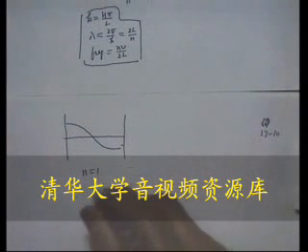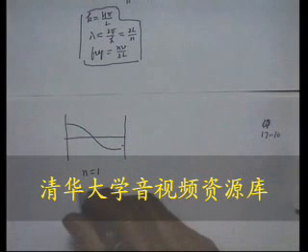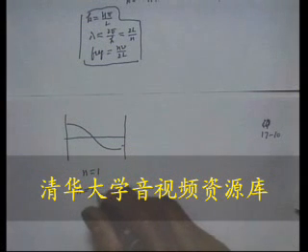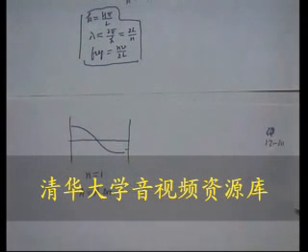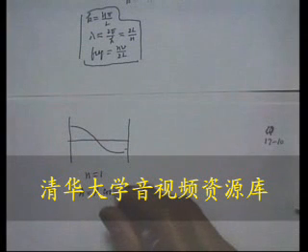For n equal to 1, A is equal to A0 cosine of pi over L x.